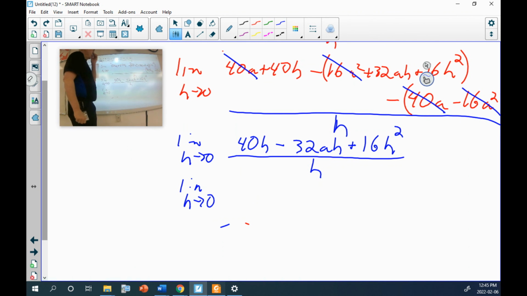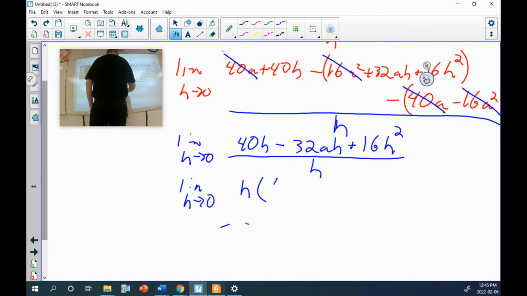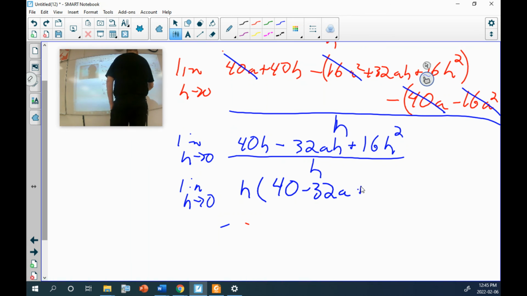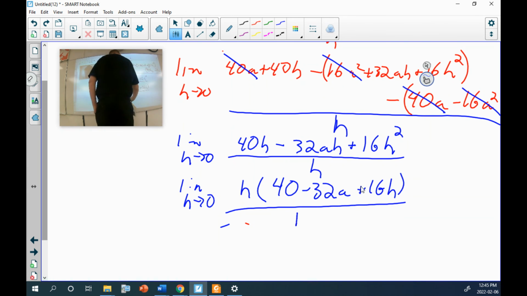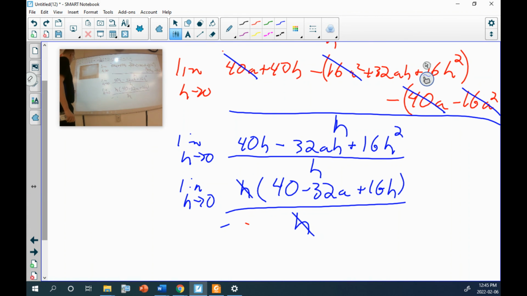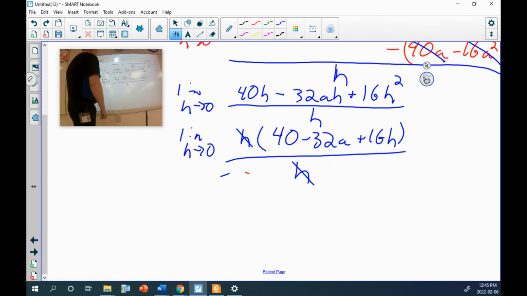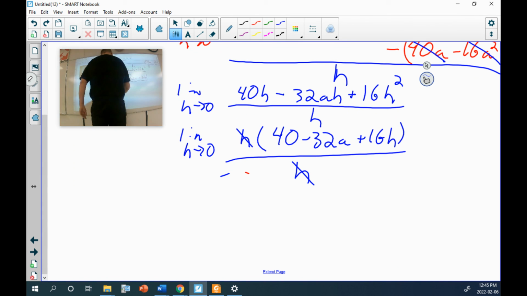Now, on the top, I see I have an h in every term. That leaves me with 40 minus 32a plus 16h over 1. Those h's cancel each other out. And now we're able to evaluate. I plug in 0 for h.